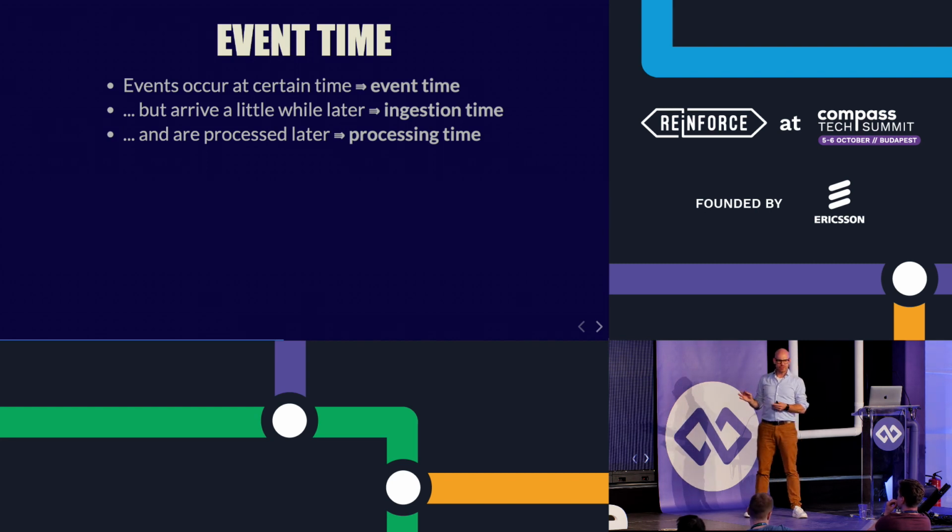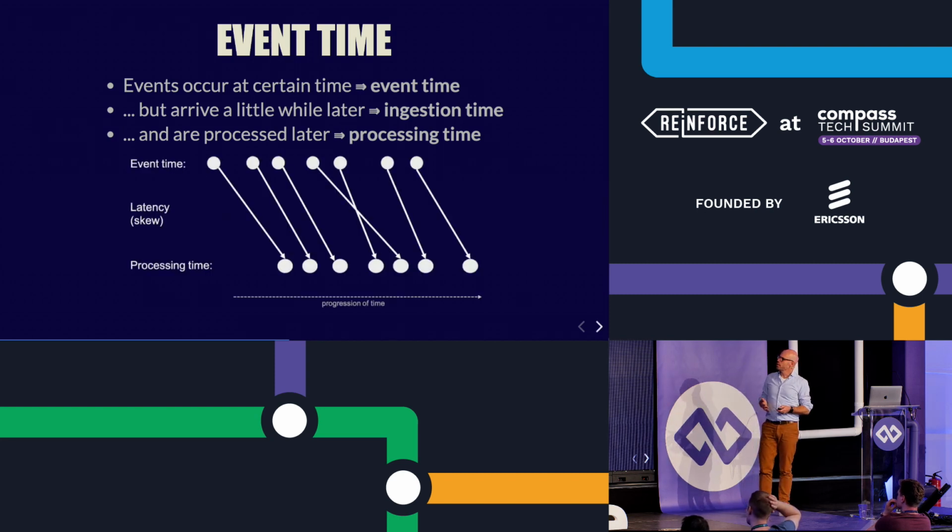So these three timestamps differ. If you would just say, okay, I let my events come in, and I just analyze them how they come in, right? Then things might not work as you expect, and things will go wrong because the order of things will differ.